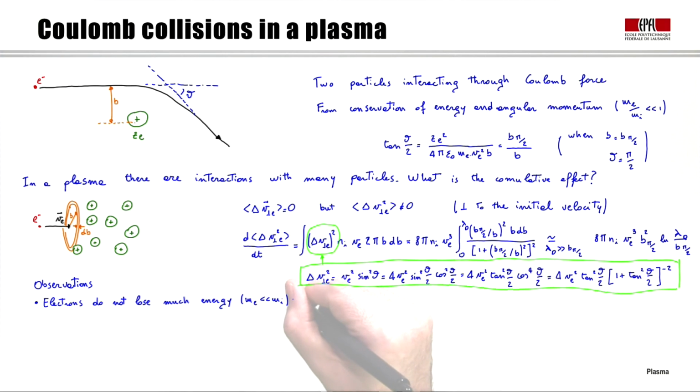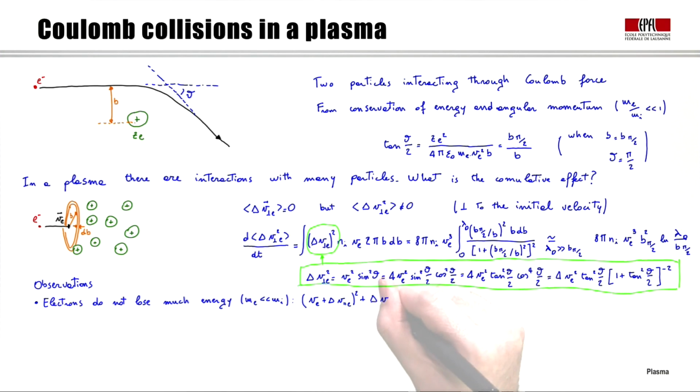Therefore, because of conservation of electron energy, the kinetic energy after the collision, given by the sum of the parallel energy, which has been deviated by delta V parallel E, and the perpendicular energy, is equal to the initial kinetic energy.